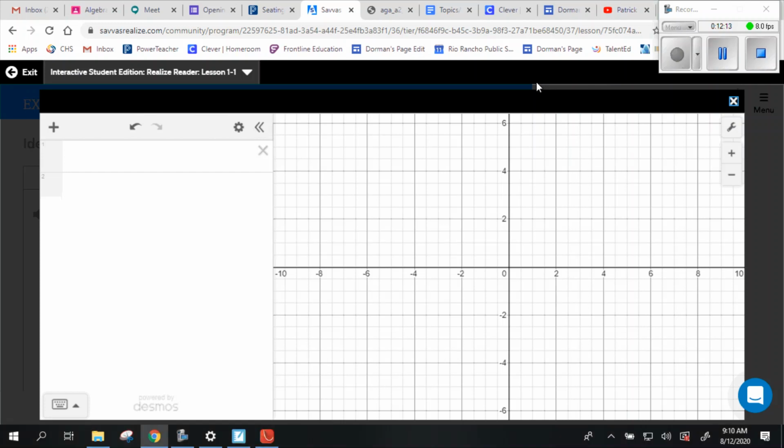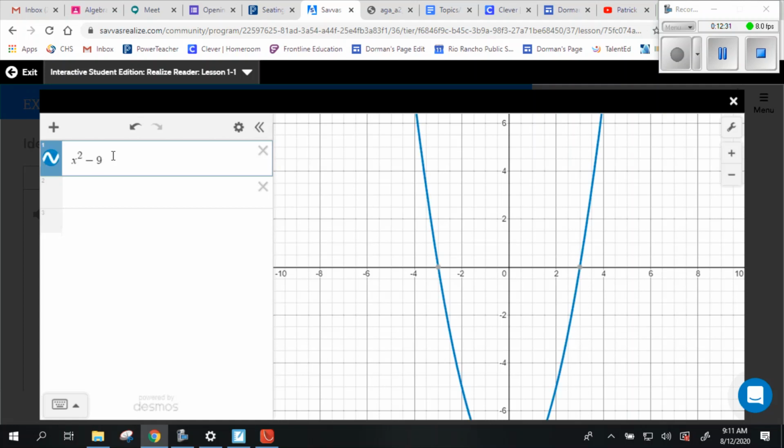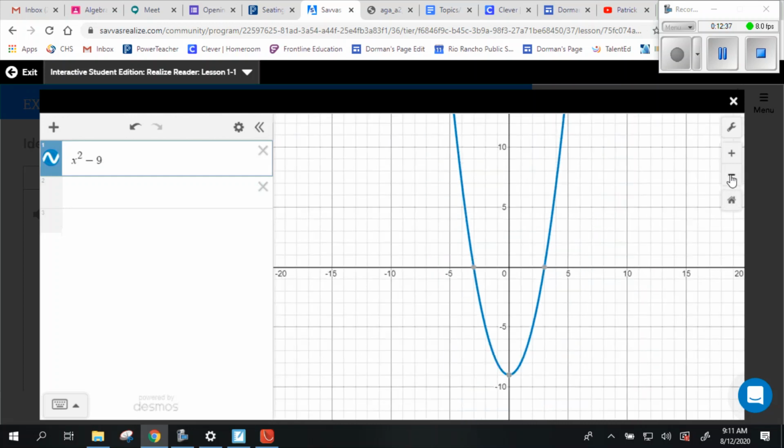Here we go. x, caret, squared. Usually we're looking at x squared minus 9. There it is. Well, let's go ahead and zoom out on this thing and let's see. It looks like it has a y-intercept at, what, negative 9?